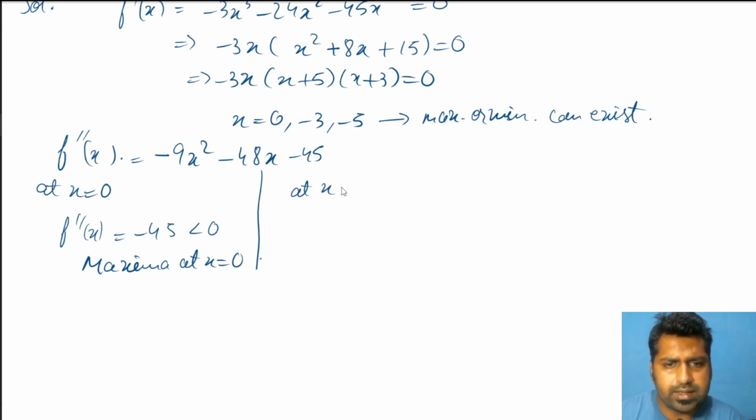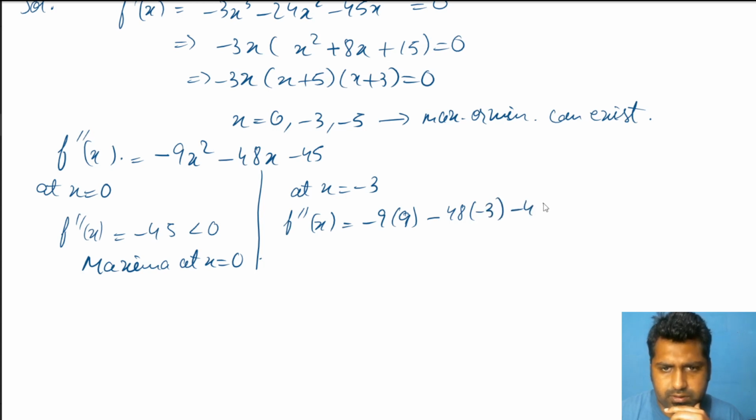Similarly, you calculate again at x equal to minus 3. All we have to do is judge whether the value is greater than 0 or less than 0. So f double dash x is equal to minus 9, 3 square is again 9, minus 48 into minus 3 minus 45. Minus 81 plus 144 minus 45.